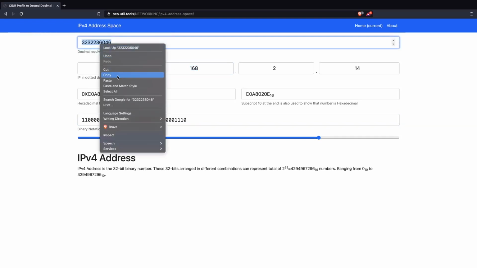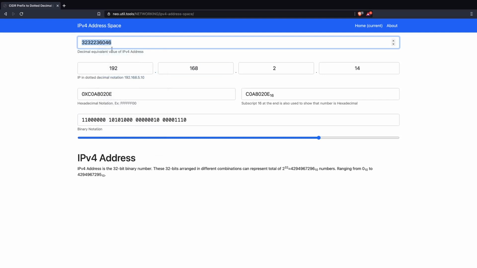Let's say you have this IP address given, and you wanted to convert that to dotted decimal, how can you convert? Let's say that you have a decimal value given. How to convert that to the dotted decimal? Which is simple.